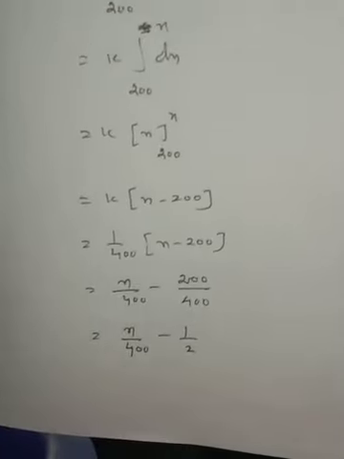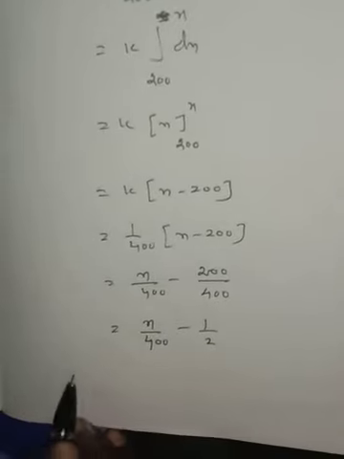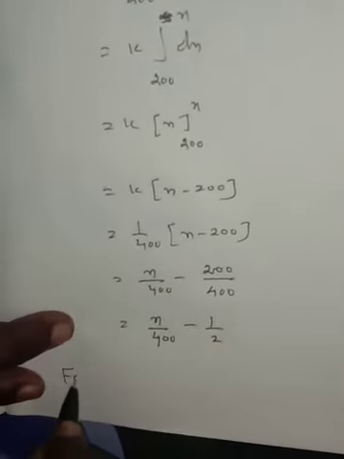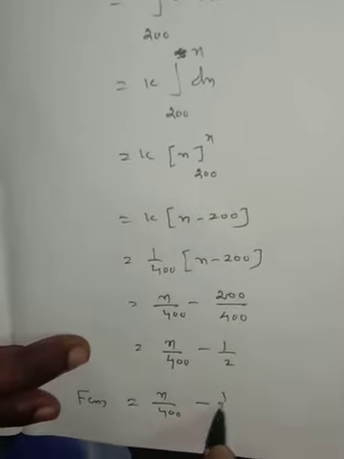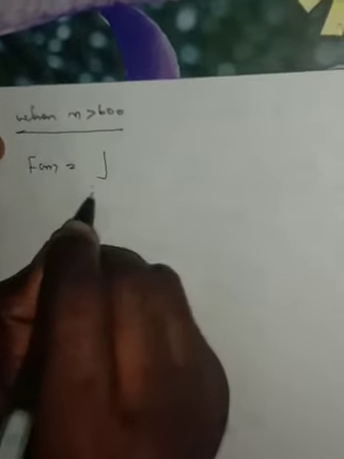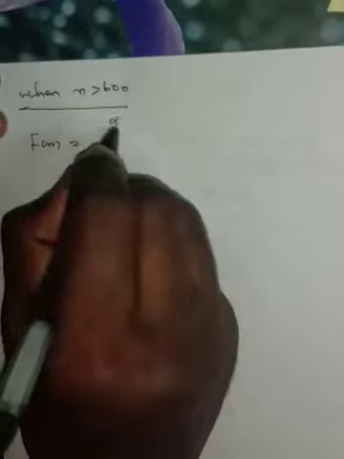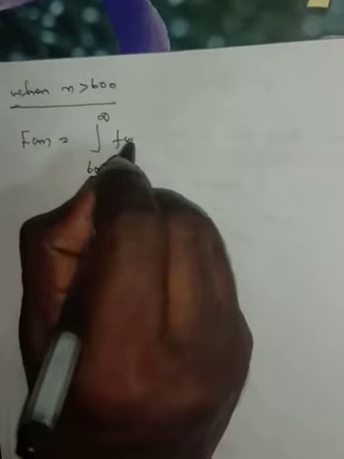Hence f of x is x divided by 400 minus 1 by 2, for x greater than 600. F of x equal to the integral from 600 to infinity of f of x dx.